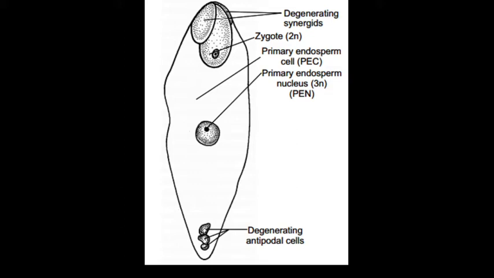The other male gamete fuses with the two polar nuclei at the center to produce a triploid primary endosperm nucleus, and this is called triple fusion. As syngamy and triple fusion take place simultaneously in the embryo sac, it is termed double fertilization.